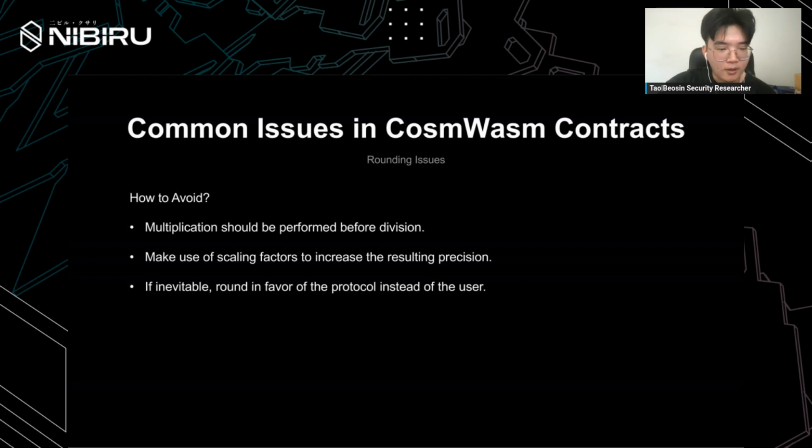If you round in favor of the protocol, you can avoid problems like liquidation errors and many potential errors that may drain the protocol treasury.